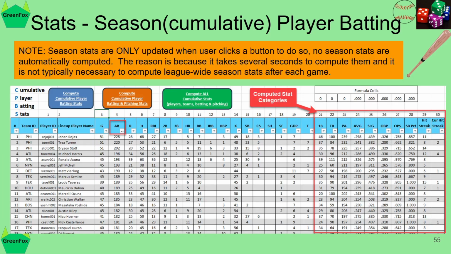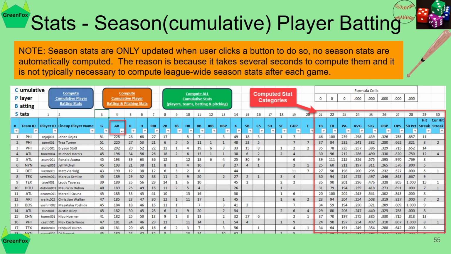So here's a screenshot of some season or cumulative player batting. And again, it shows the same alert telling you that the season stats are only computed when you click a button to do so. And they're not automatically computed because it takes a few seconds or more to compute them, depending on how many games you've got and how fast your computer is.